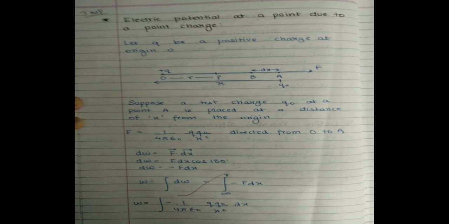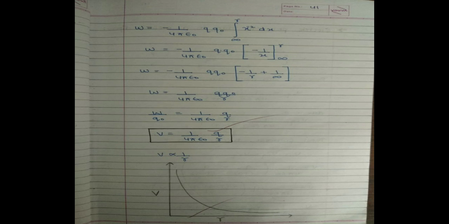Putting the value of F, 1 upon 4 pi epsilon naught Q Q0 upon x square dx. Now when we integrate, the constant terms come outside. So 1 upon 4 pi epsilon naught Q Q0, being constant, comes outside the integration sign, and only x square remains inside the integration.